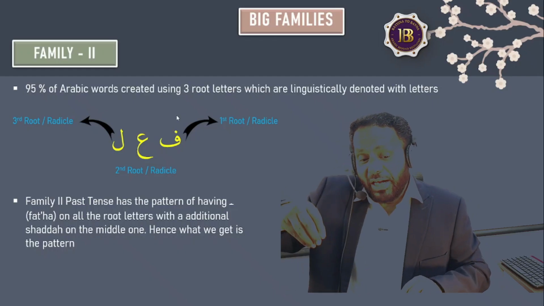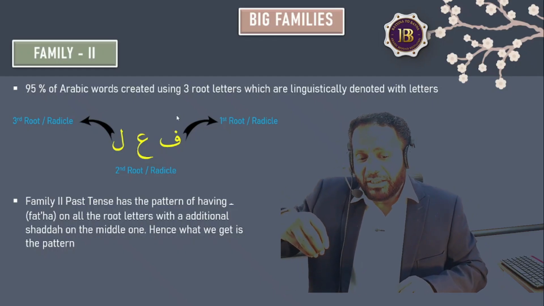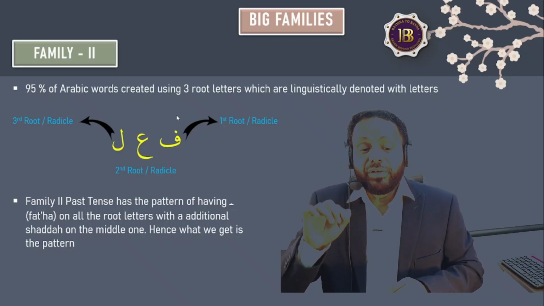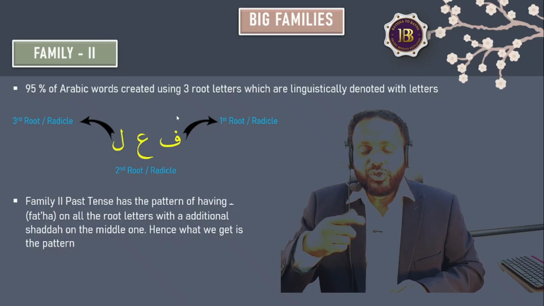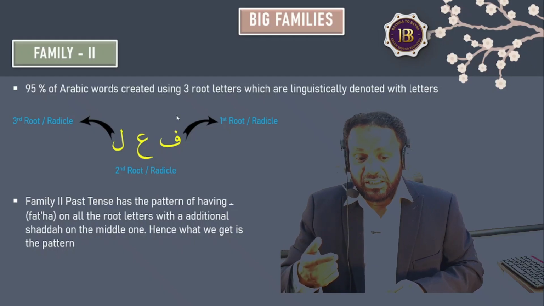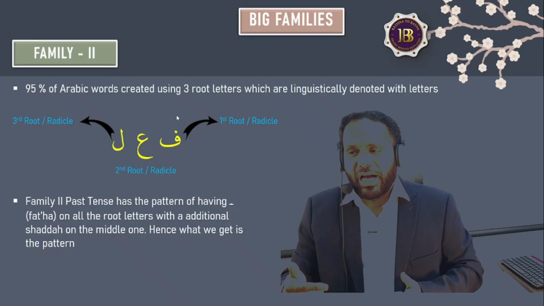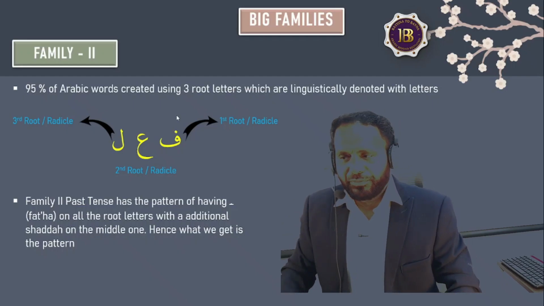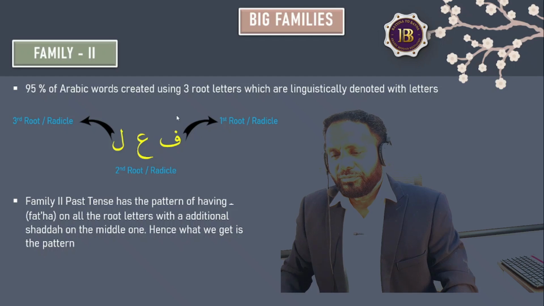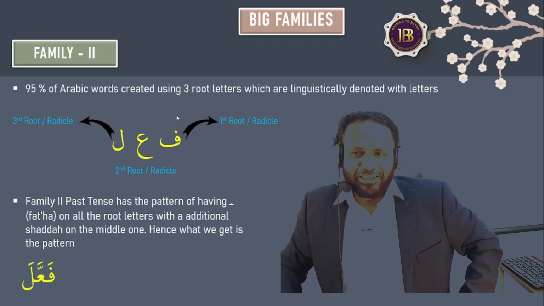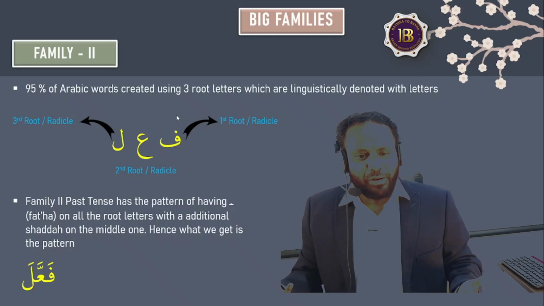The middle root letter, ain, whatever it is, is going to have fatha, but not just fatha, fatha along with the shadda, which you call tajdeed. So first root letter fatha, last fatha, middle also fatha with the shadda. What do you get with the fa, ain, lam? Quickly. Fa''ala. Fa''ala. That's the pattern of family number 2.